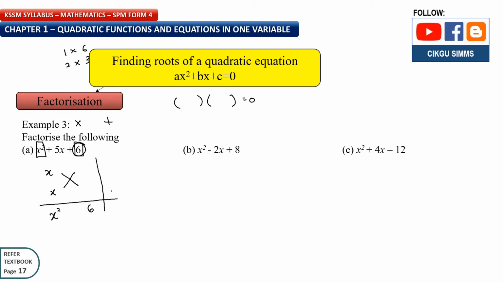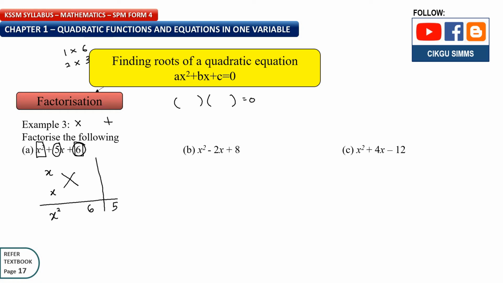And then what plus what, you get 5? The middle term will go here. So the first term goes here, the third goes here, and the middle goes here. This one you multiply to get 6, and then plus to get 5. These two numbers you need to choose from 1, 2, 3, 6.